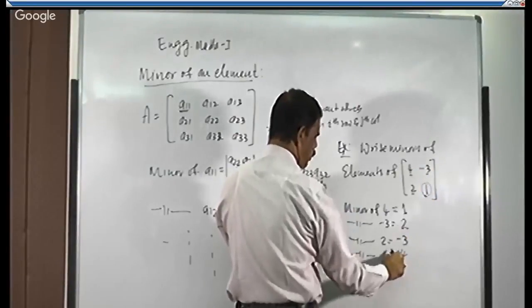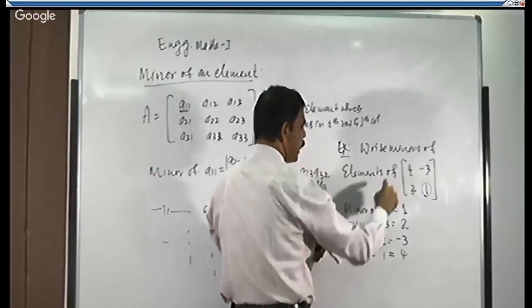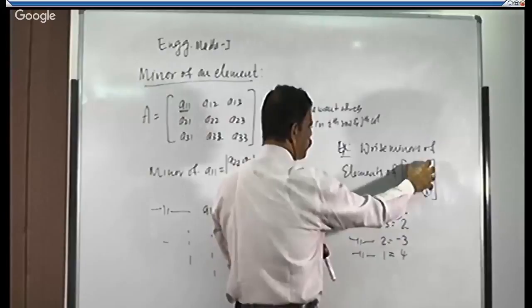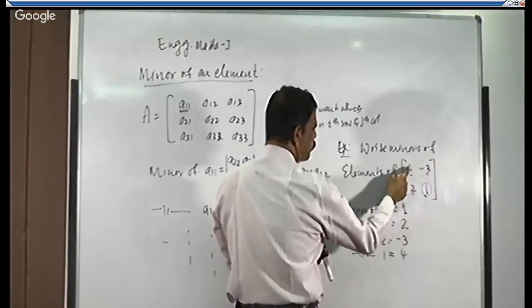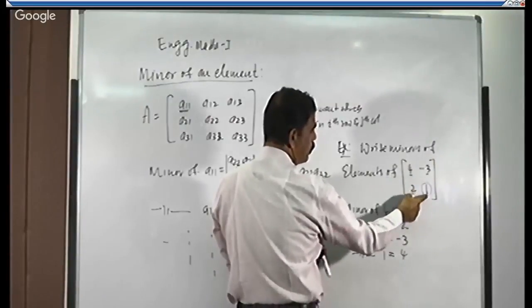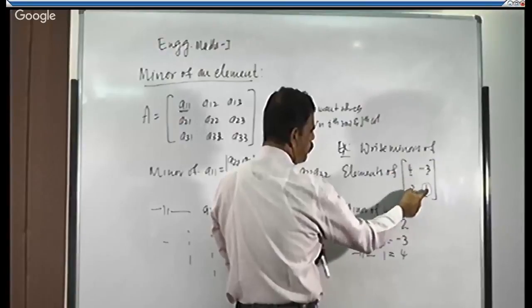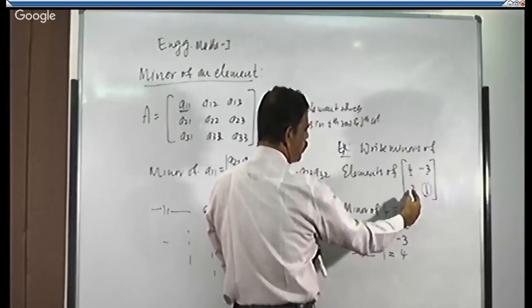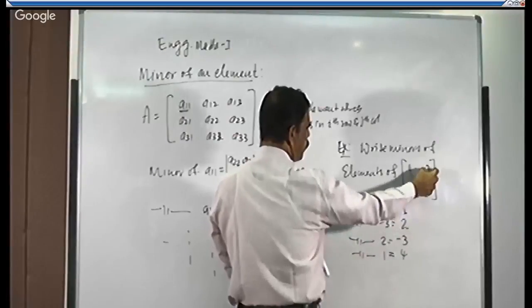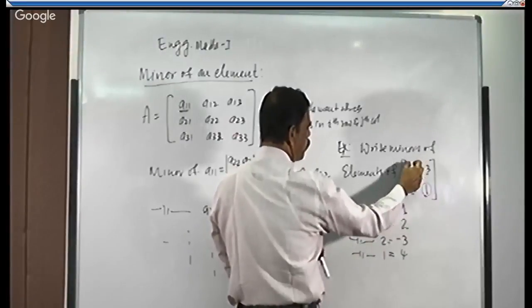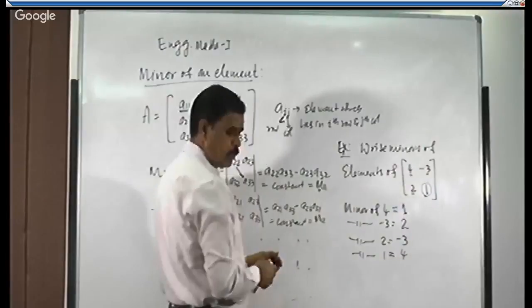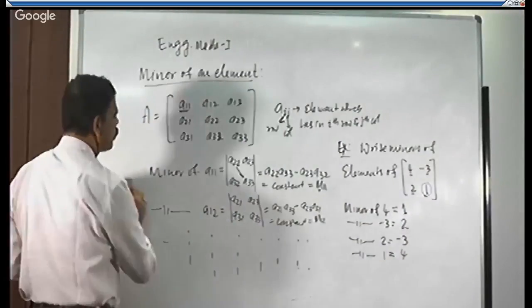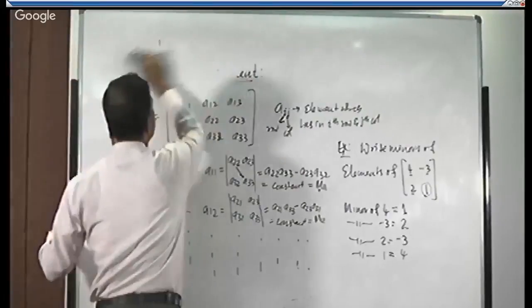So the minor of an element in a 2 cross 2 matrix is always the diagonally opposite element. For 4, the diagonally opposite is 1. For -3, it is 2. For 2, it is -3. For 1, it is 4. This is the procedure we need to follow to write the minor of an element.